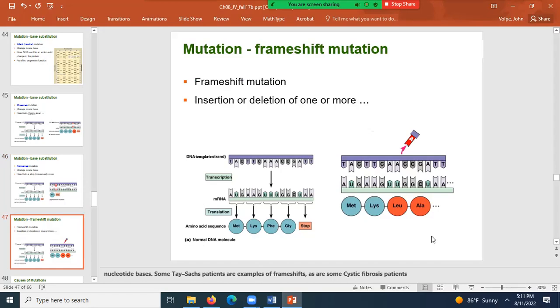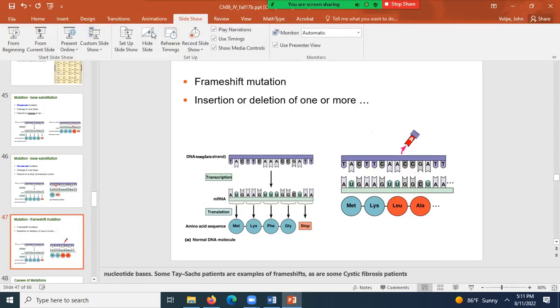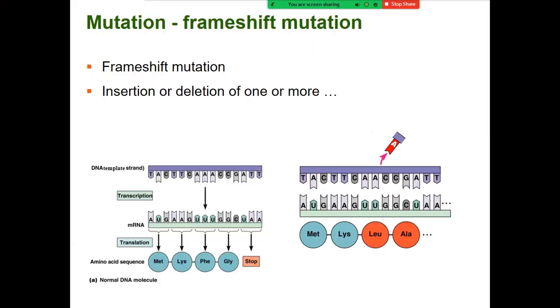All right, a frameshift mutation is where you insert or delete one or more bases. Let me blow this up. So we had AAA coding for phenylalanine, that amino acid. And now one of the nucleotides is removed, and so we only have AA there.